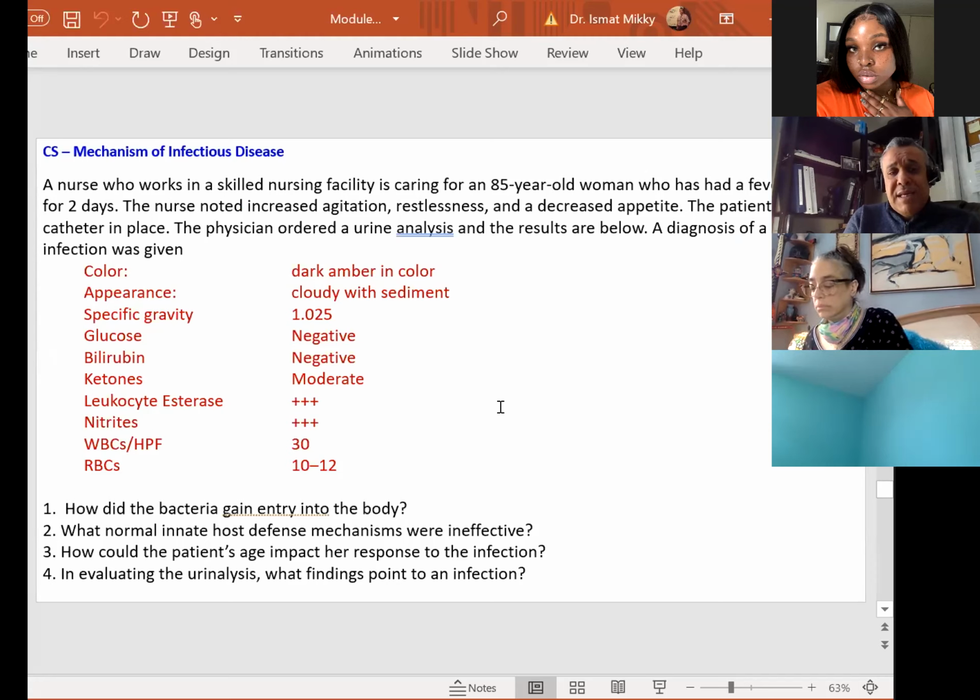Once I see this, I would request a CNS, because sometimes practitioners do not want to request a CNS, which is a culture for the urine, until they see these leukocyte esterase and nitrites.